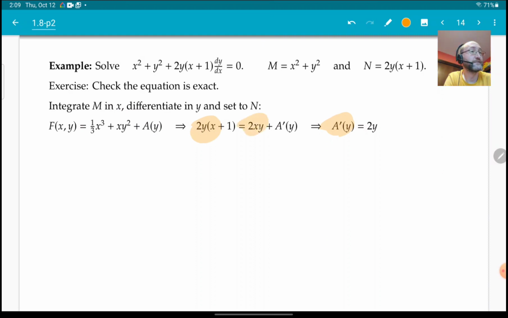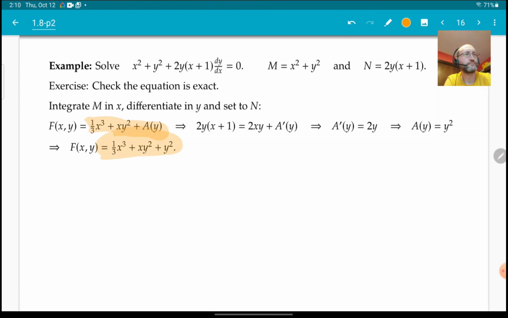That cancels this 2xy, and I'm going to be left with 2y on the left-hand side. So that's what A prime has to be. So A prime is 2y. Therefore A is, well, we could add a constant of integration, but at this point it doesn't matter. A being y squared works. All right, so now that's the only thing that I was missing from F, so F has to be this thing.